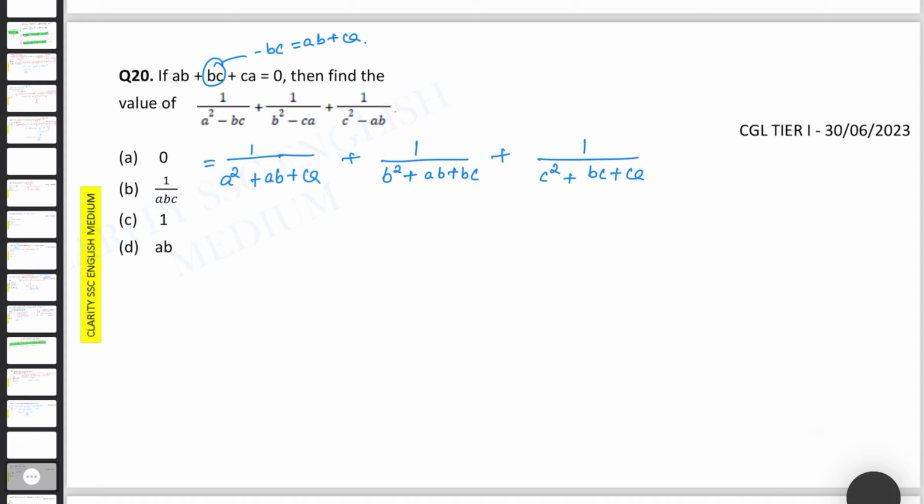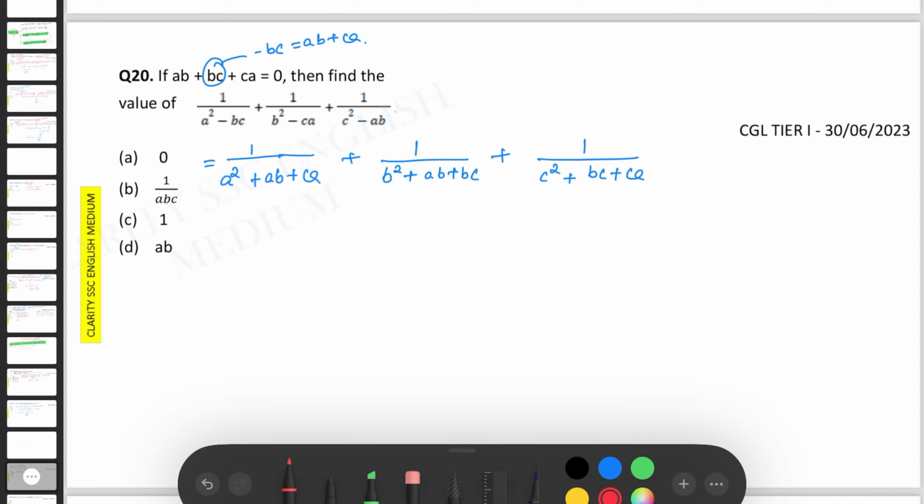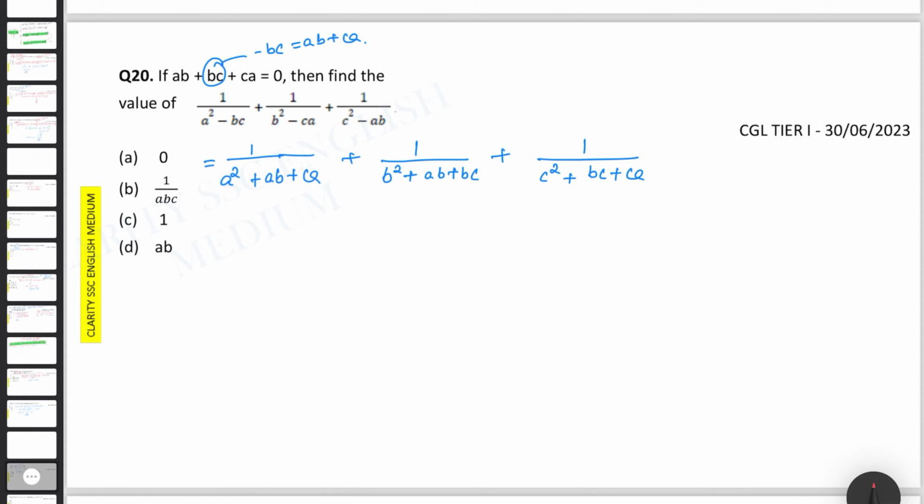From this expression, I can write minus ab is equal to bc plus ca, and minus bc is equal to ab plus ca, and in the last one, minus ca is equal to ab plus bc. This is what I have written here.